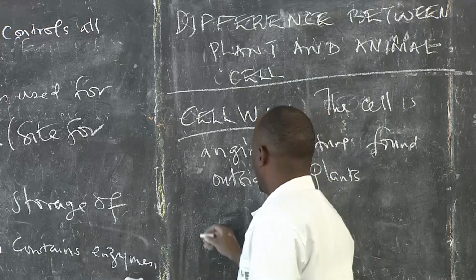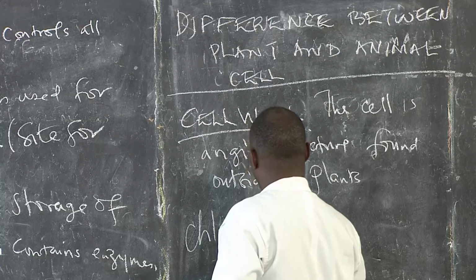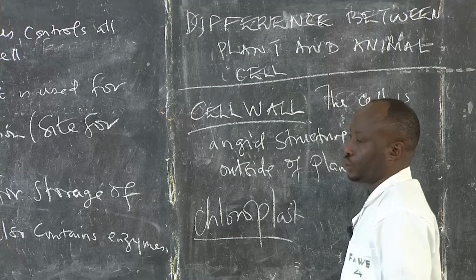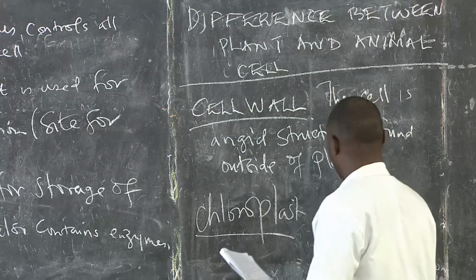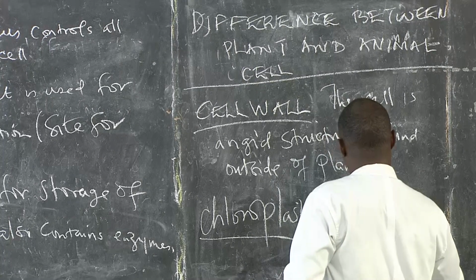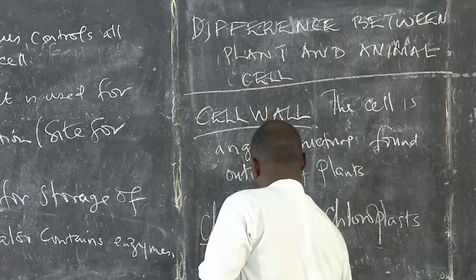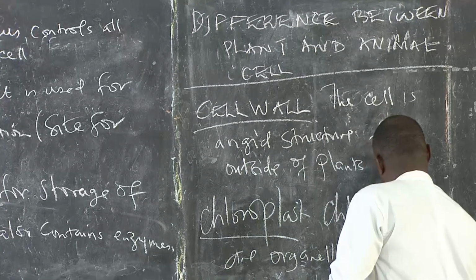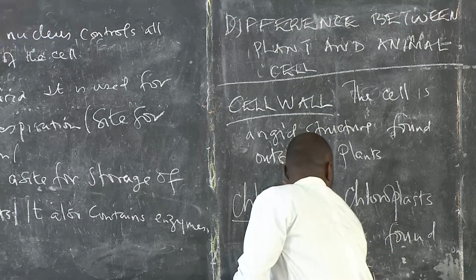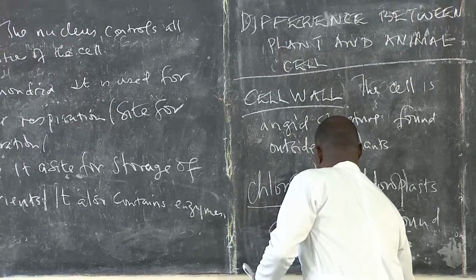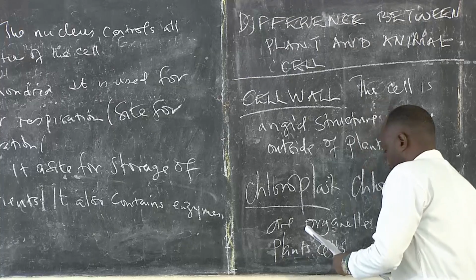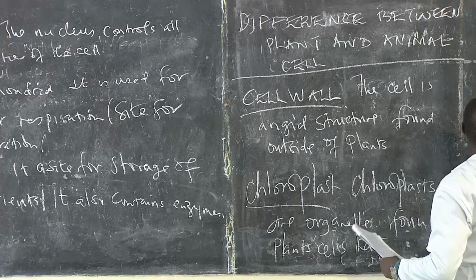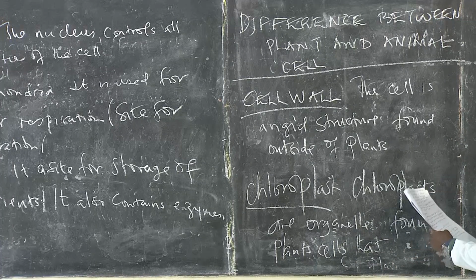You also have to talk about chloroplasts. Chloroplasts are organelles found in plant cells that carry out the process of photosynthesis.